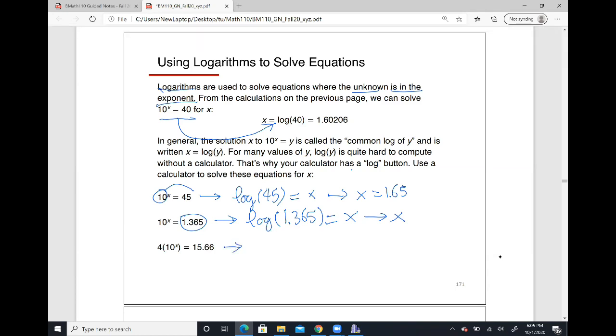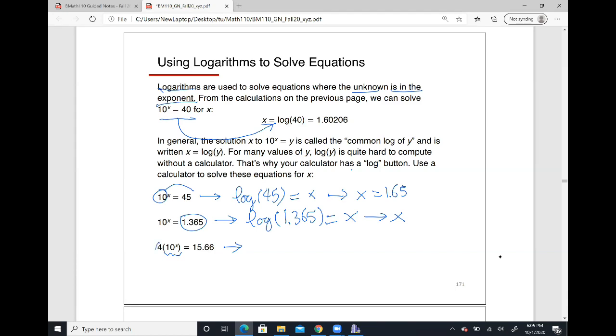Wow, this problem could be a little bit tough for you if you right away try to convert to the log form. Actually, you cannot convert it to the log form right away. You have to isolate the exponential form alone.